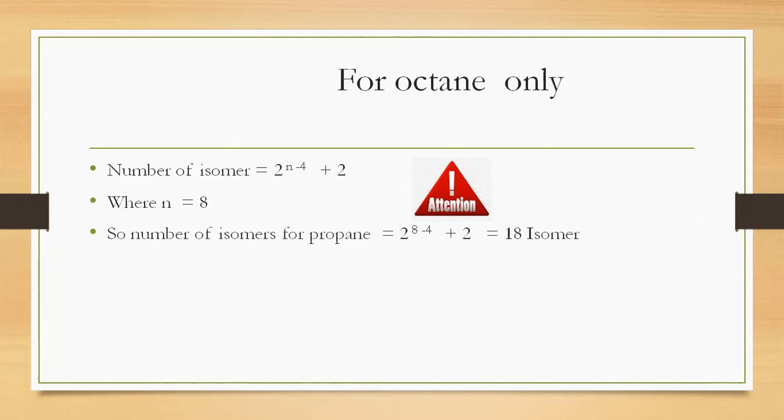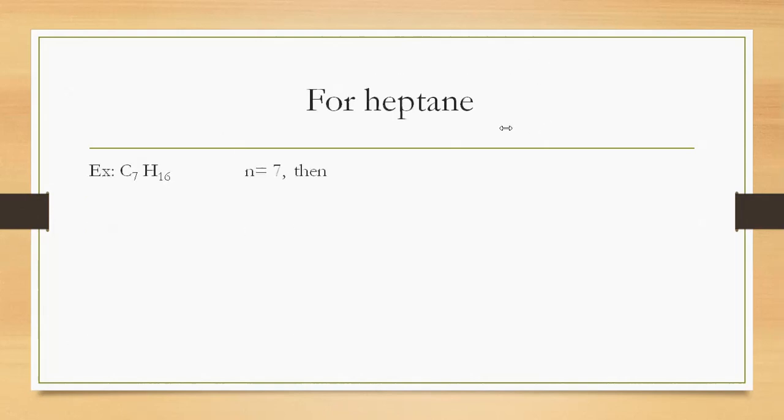Whereas for the alternate formula, don't use n as the number of carbons. First calculate the number of isomers for heptane. For heptane, we have 9 isomers.